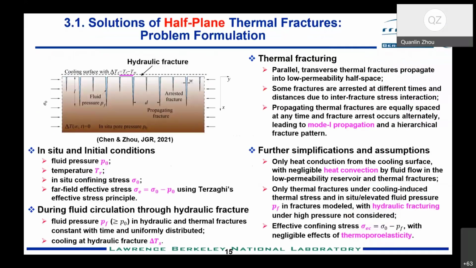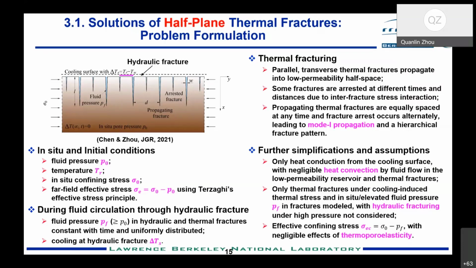Maybe here I slow down a little bit because this part is more difficult to understand. For the first scenario, we have a horizontal hydraulic fracture with an elevated pressure PF and the surface cooling delta TS, and we also have a semi-infinite half space for the rock mass.